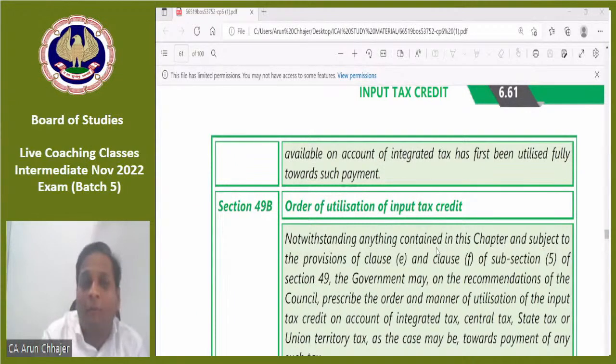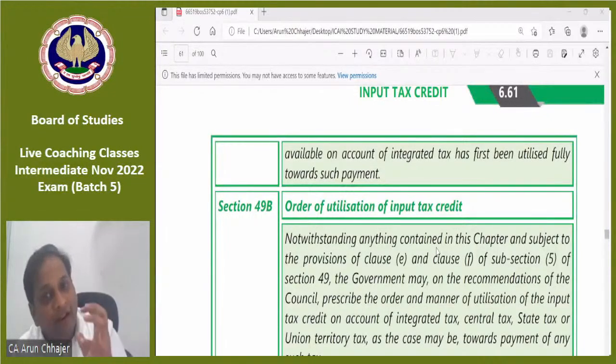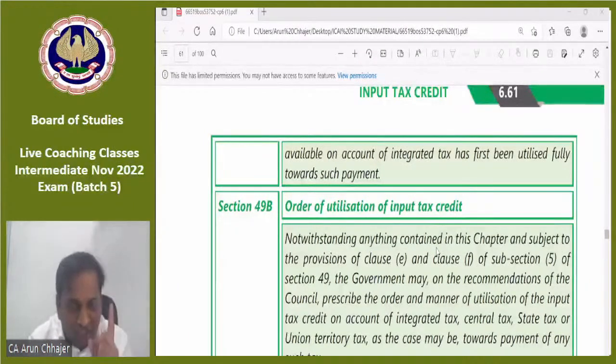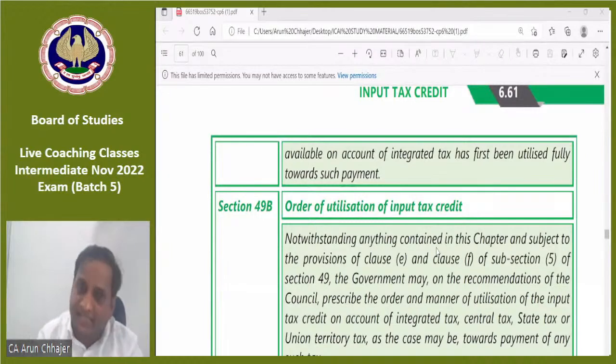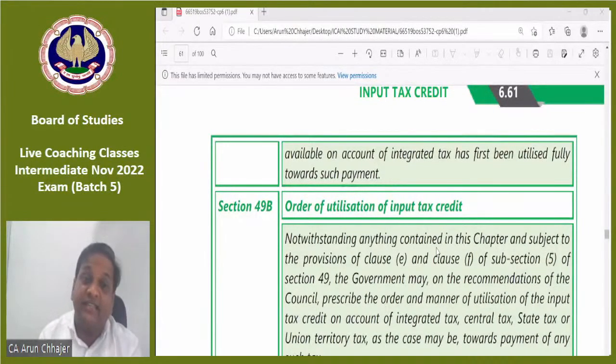C needs amount. Where I has also excess, C has also excess. My question, kindly listen carefully. C needs amount. C has the tax liability. Now I has excess ITC and C has also excess ITC.